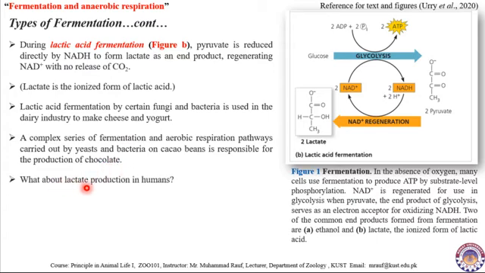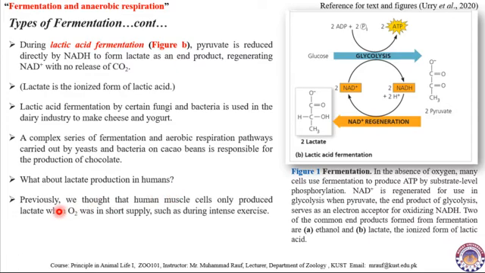What about lactate production in humans? So is lactate produced in humans? Previously we thought that human muscles only produced lactate when oxygen was in short supply, such as during intense exercise.